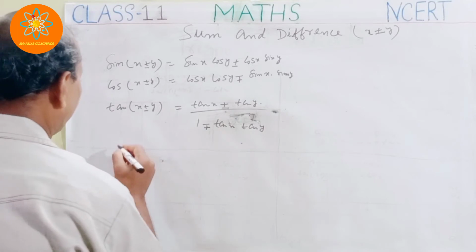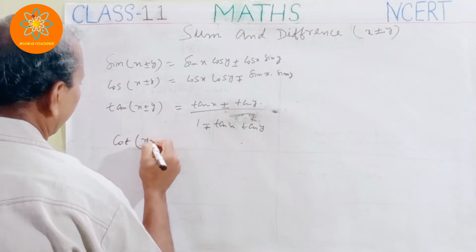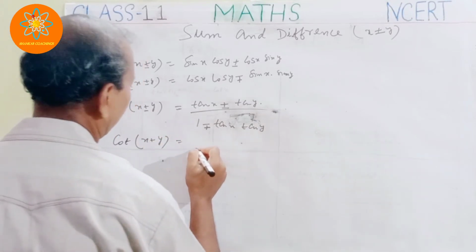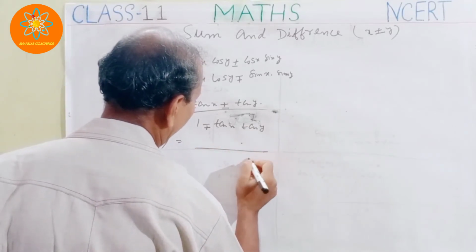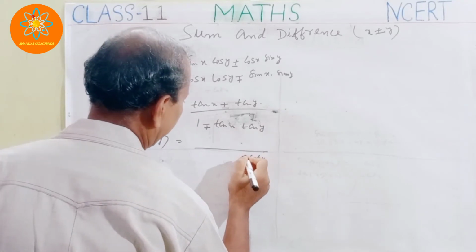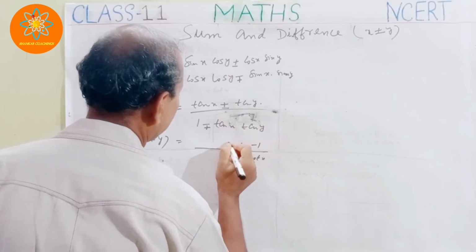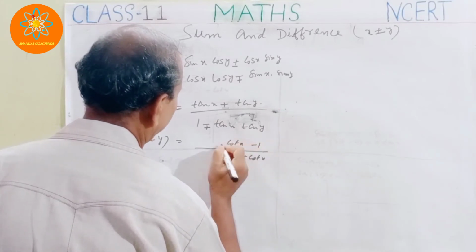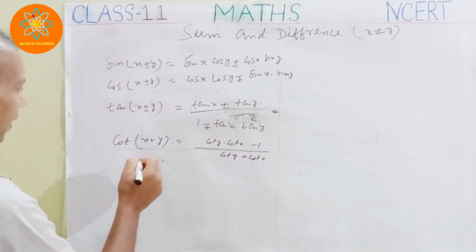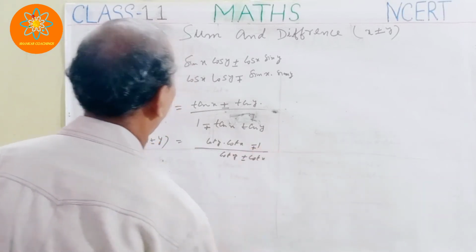Then let's suppose the next one is cot(x plus y). This is equal to (cot x cot y minus 1) divided by (cot x plus cot y)... Let's suppose I am putting a minus here, so this sign will be a minus and this is plus.